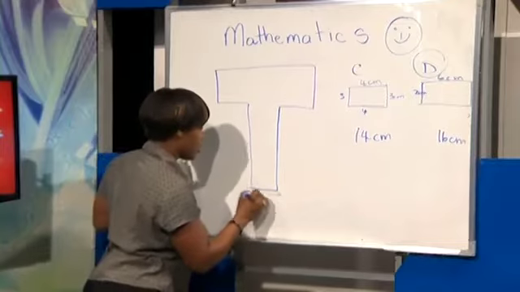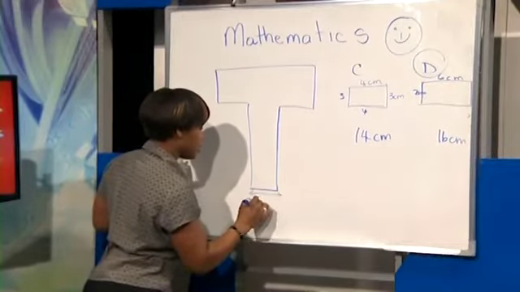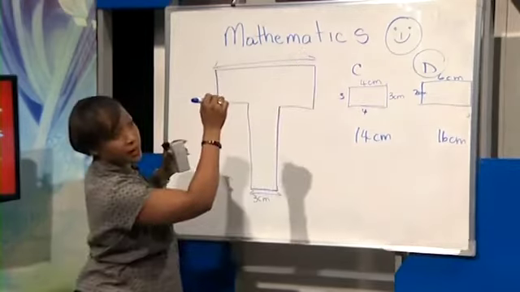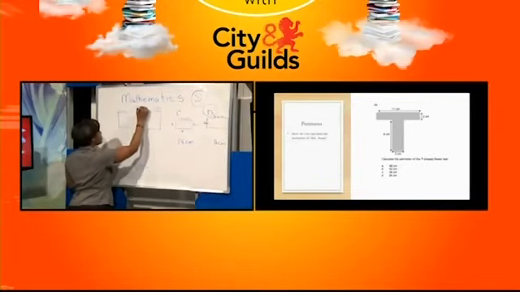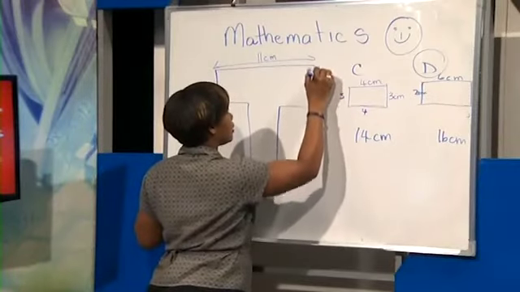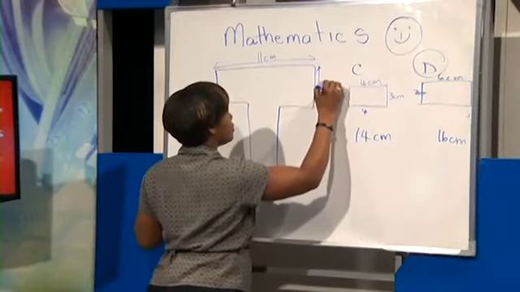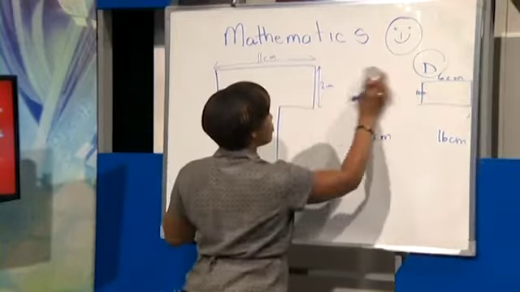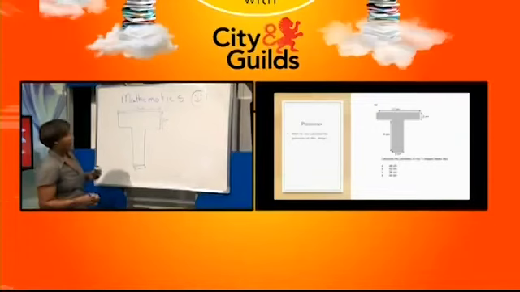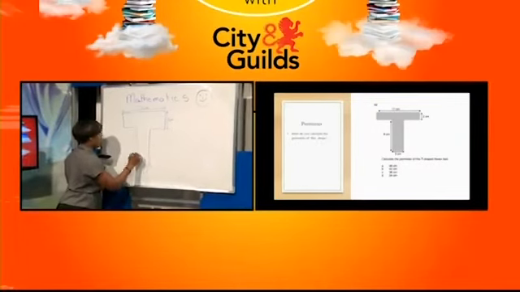So here to here is 3 centimeters. Here to here is 11 centimeters. And you're also given here as 2 centimeters. Let's take all of this off the board. All right. And then we have here is 8.